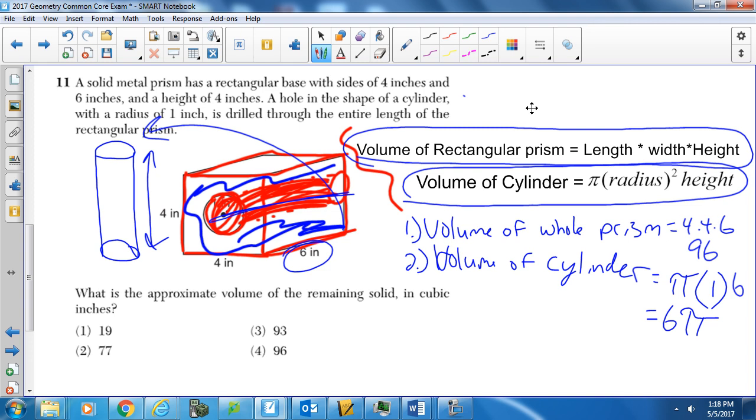All right, so now we're going to do 96, which is the volume of the prism, minus 6 pi, which is the volume of the cylinder. So sometimes you have answers that still have pi in them. In this one, you don't have that. So we need to go to our calculator.